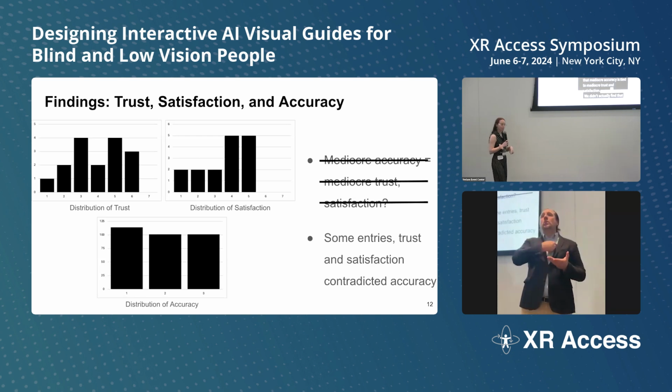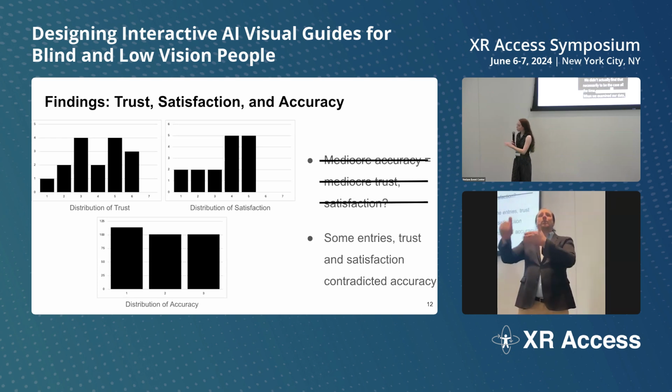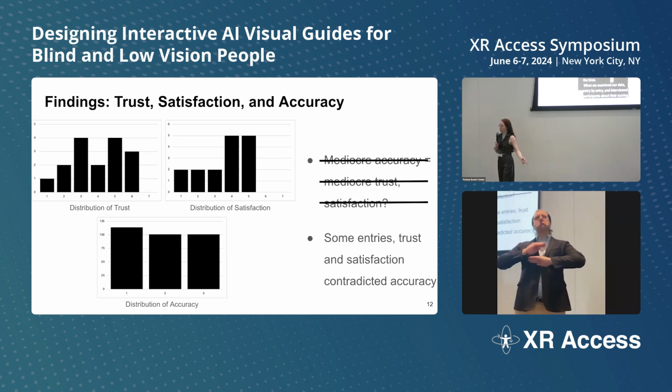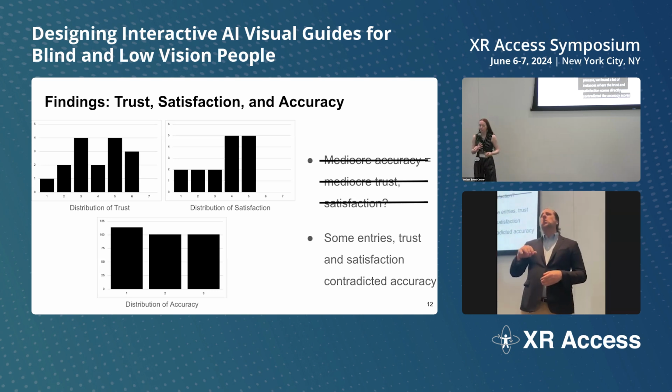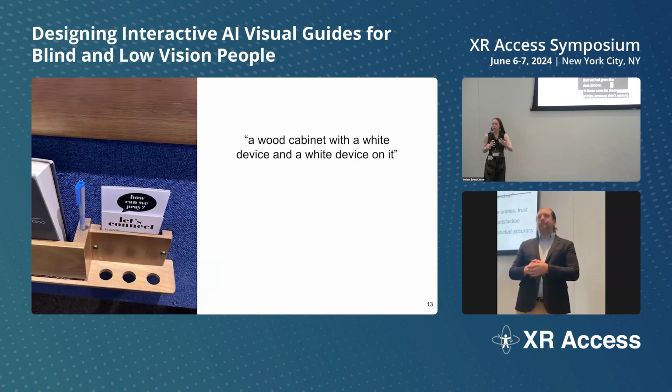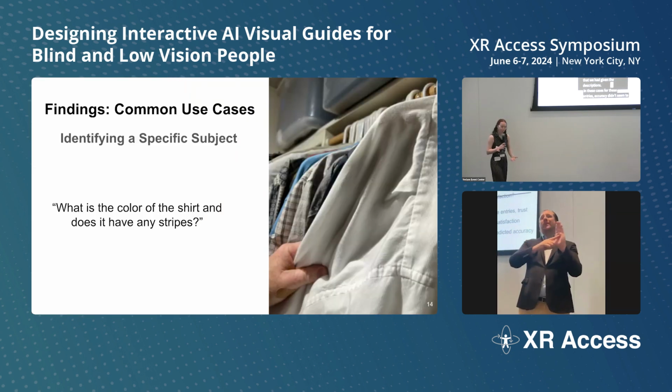When we examined our data entry by entry and interviewed participants about their scoring process, we actually found a lot of instances where the trust and satisfaction scores directly contradicted the accuracy scores that we had given the descriptions. And in these cases, for these entries, accuracy didn't seem to matter all that much to participants' scoring process. And on this next slide, I'm going to share an example with you to show you what I mean.